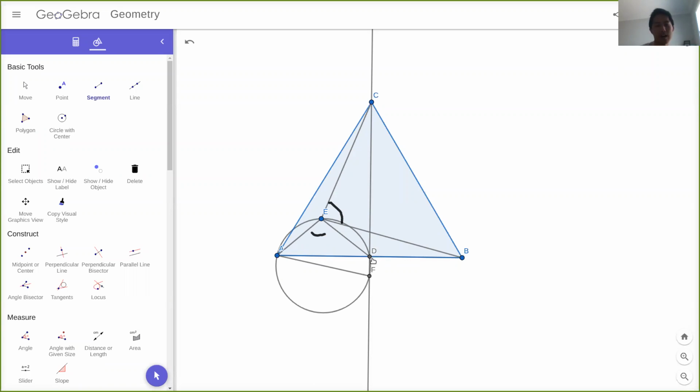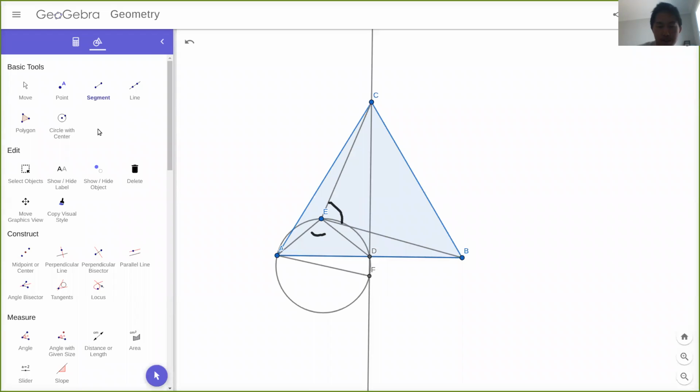Now that we have this angle AFD, that is actually the angle between these two lines, AF and DF is actually CF, we can get rid of this D. We don't see this point D anywhere else in the problem. So now we want to show that angle AFC is equal to angle AEB.